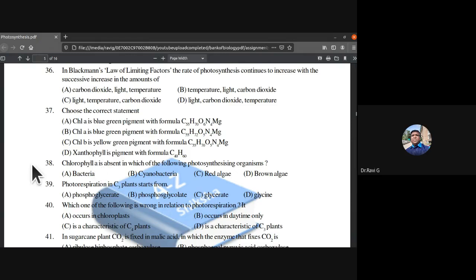Chlorophyll B is yellow-green pigment with formula C55, H70, O5, N4, Mg. Xanthophyll is pigment with formula C40, H60. So that is the option. Which is the correct option?